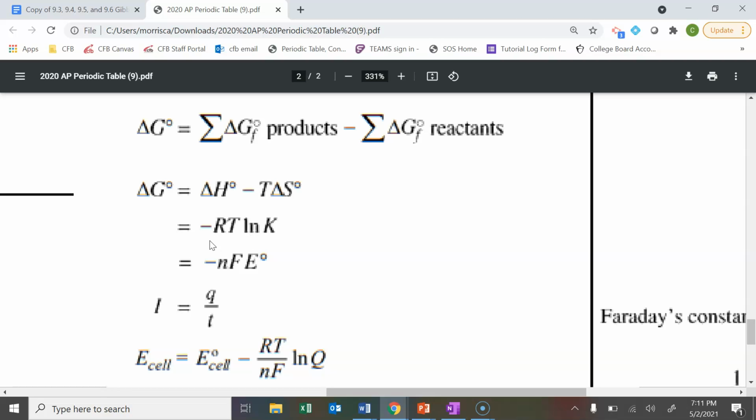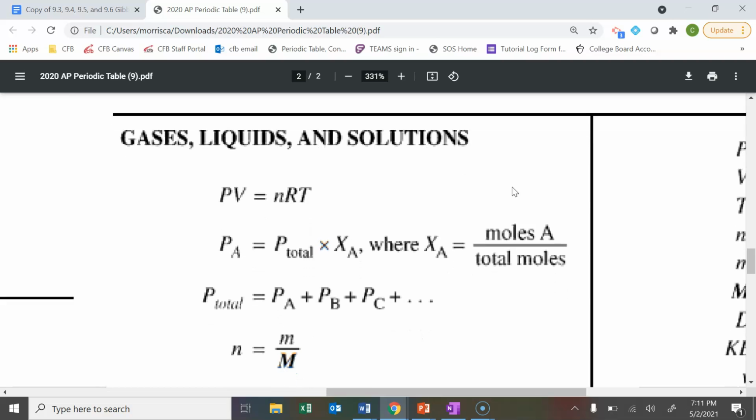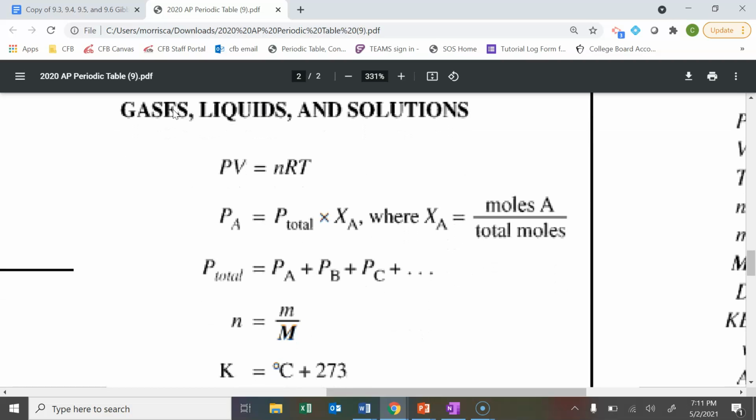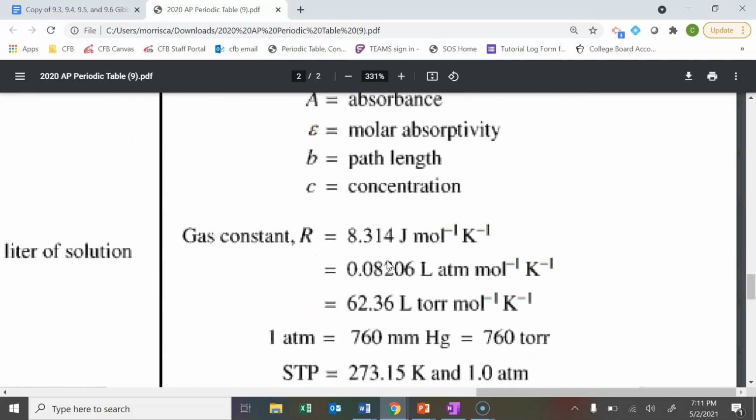Now, when you use it, you need to be careful with which R value you use, the gas law constant. The gas law constant R is in the gases, liquids, and solutions section. So move over there and look down to where R is, and you see 3 values again. We usually use atmospheres per mole Kelvin when we're doing gas laws, because we usually have atmospheres.